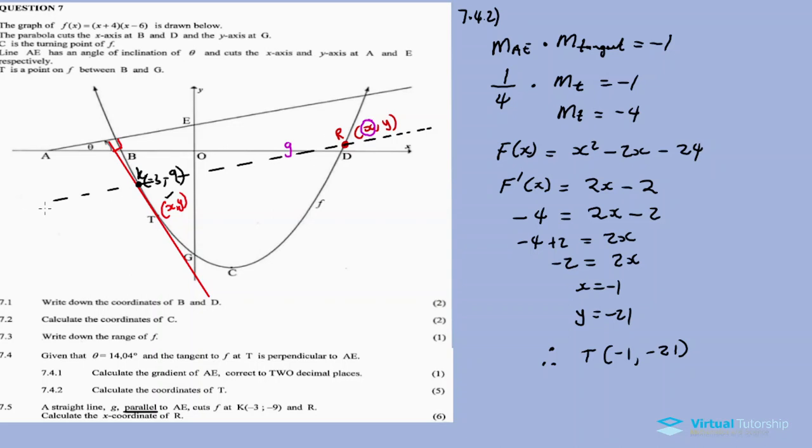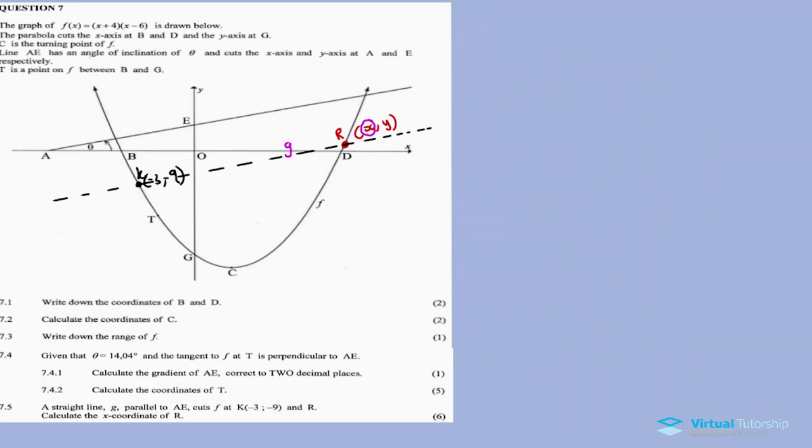Look now, I need the equation of G first before I can find the x coordinate of R, right? So this is 7.5. An equation of a straight line is calculated as y minus y1 equal to m times x minus x1, right?